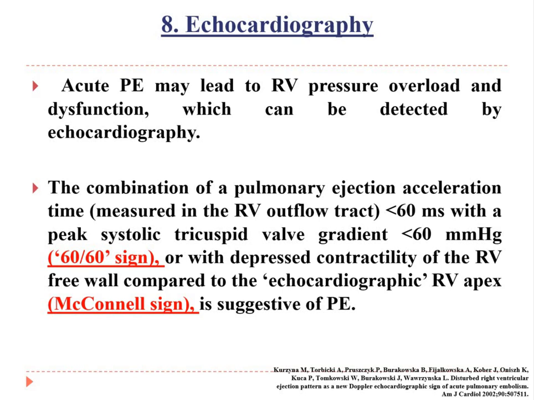Echocardiography. Acute pulmonary embolism may lead to right ventricle pressure overload and dysfunction, which can be detected by echocardiography.